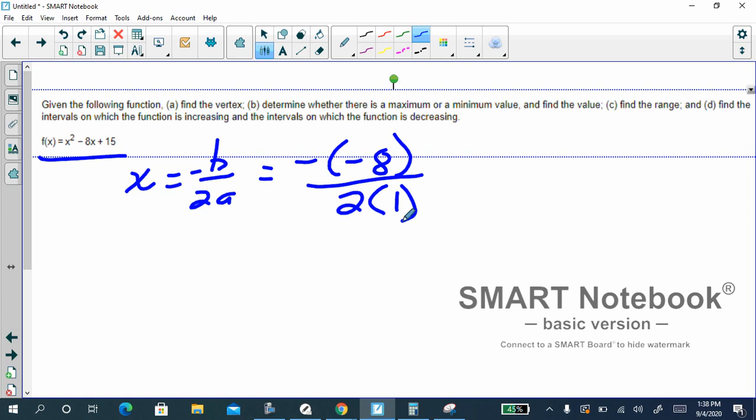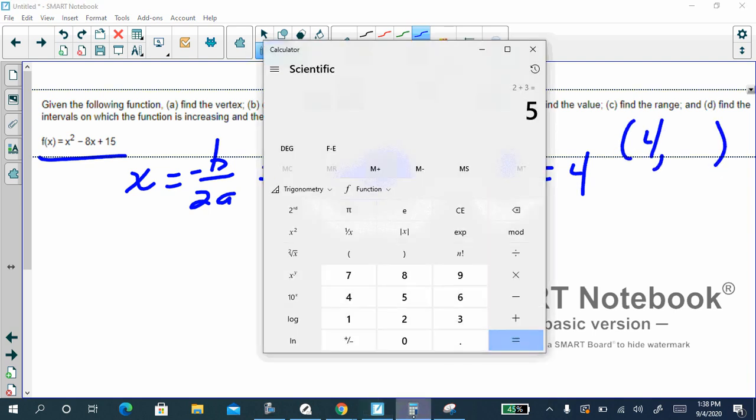A is 1. So we get 8 over 2, which is 4. So that's the x-coordinate of the vertex. If we substitute that in, we have 4 squared minus 8 times 4 plus 15, which is -1.